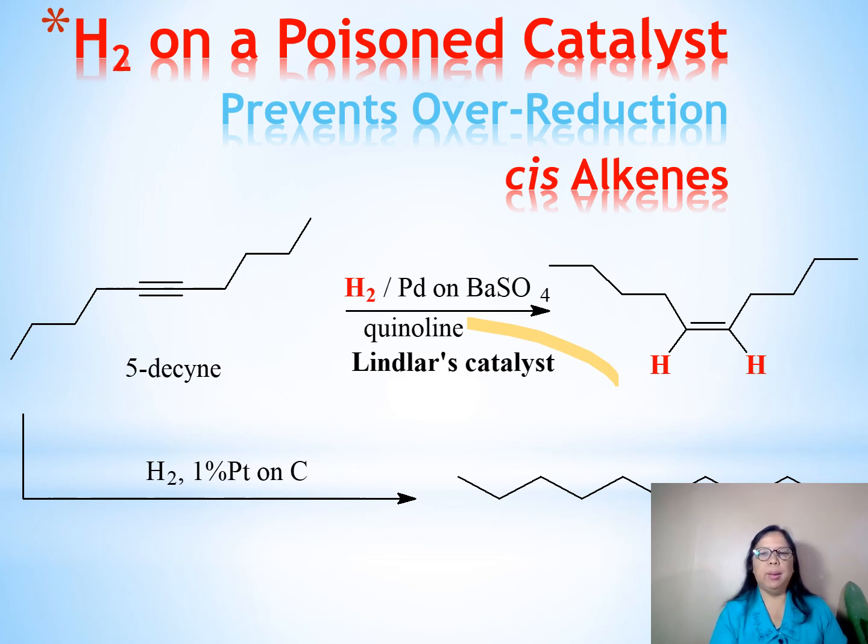And the ultimate product is actually removing that double bond to make it single bond. So at my back is actually a decene. So your objective here is to remove the triple bond using quinoline or Lindlar's catalyst.